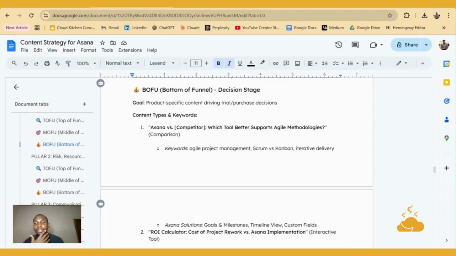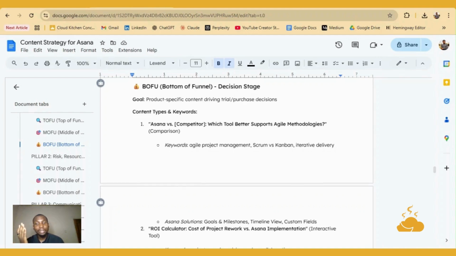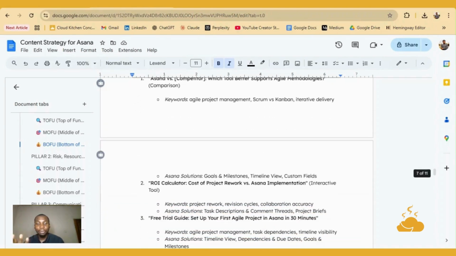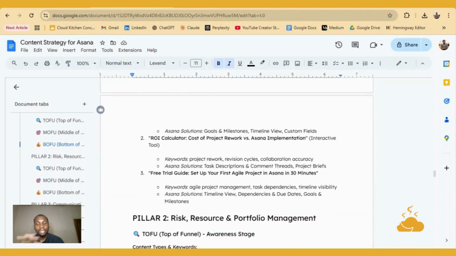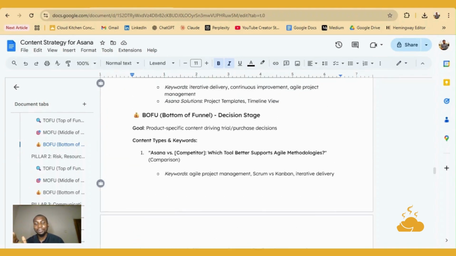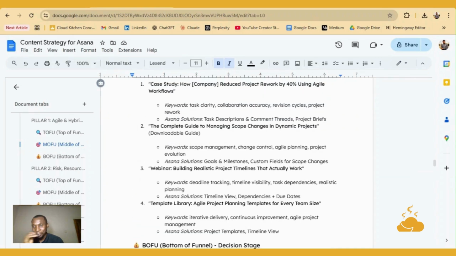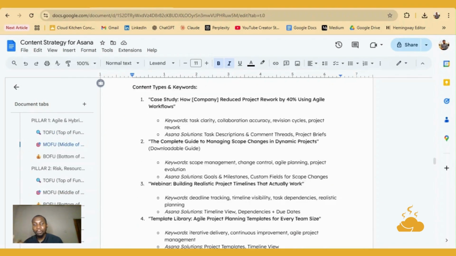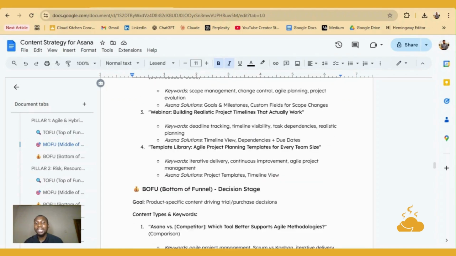All right, so let's see, what is this project-specific content driven? So these people here, anyone that is coming to this content has made the decision to buy from you, and you just have to make it easier, go straight to the point, no beating around the bush. The content that's meant to beat around the bush a bit is your top of the funnel content, because that is where you're educating, making people problem aware, people that don't know about the problem, like why are they disorganized in their projects, right?